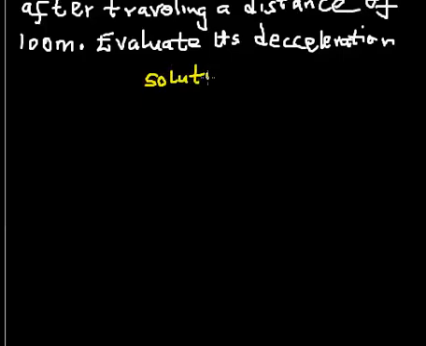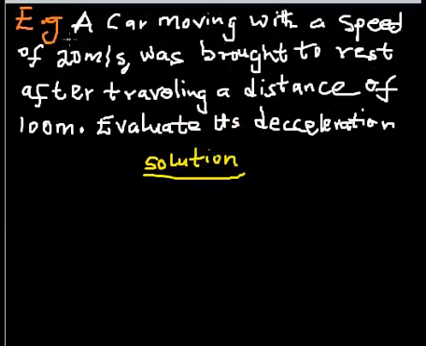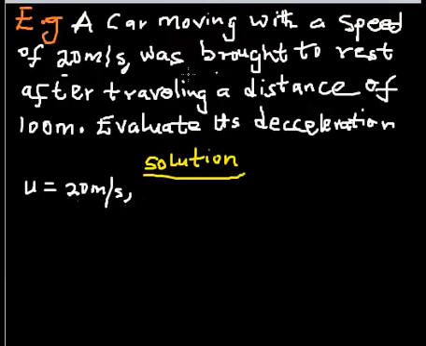Now the question shouldn't give you a problem because you just read the question and write down the parameters, right? So a car moving with a speed of 20 meter per second. So this car's initial speed is 20 meter per second, right? It was brought to rest.